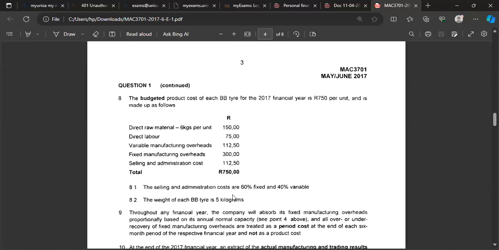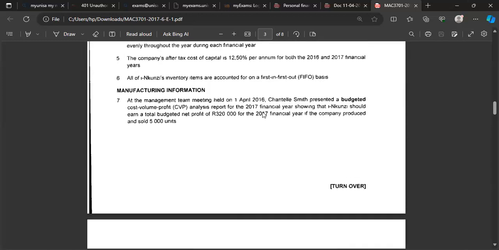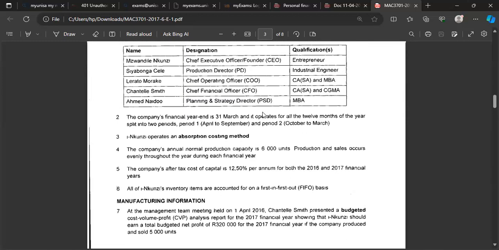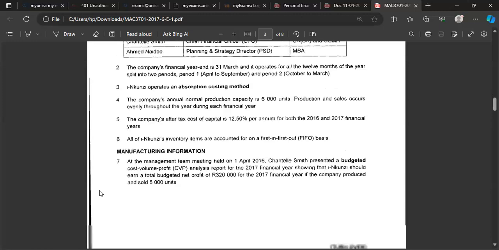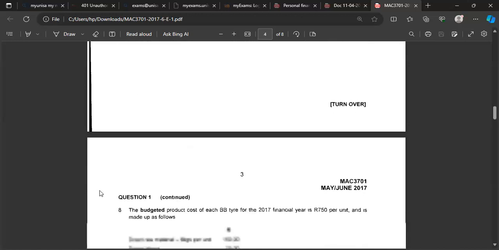So for the fixed manufacturing overhead, we have got 300, and then I already read the statement about the normal capacity on number 4 here. Normal production capacity is 6,000. So we are going to make use of that 6,000.